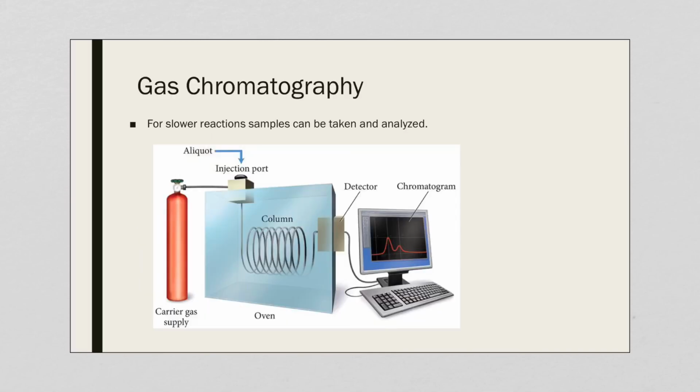So if we have slow reactions, we could still use spectroscopy, but we can use something called an aliquot method, where we don't measure the reaction as it's occurring, but we take samples of the reaction at different time periods. So, every, say 2 minutes or 5 minutes or whatever period of time we need, we take a sample of the reaction and we measure it somehow. So you could measure that using spectroscopy still.